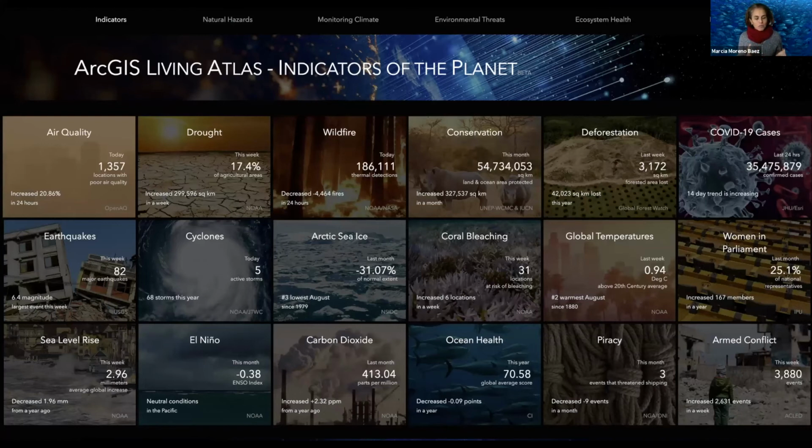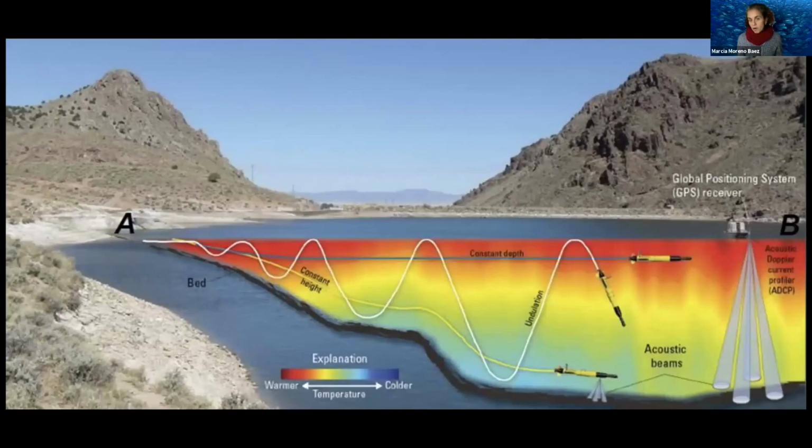This portal provides access to a series of 18 different indicators of the planet. By the way, this particular portal is one of the largest data sets, and it provides information and also applications. And there are a lot of advances in geospatial technology to solve big problems that we are currently facing.